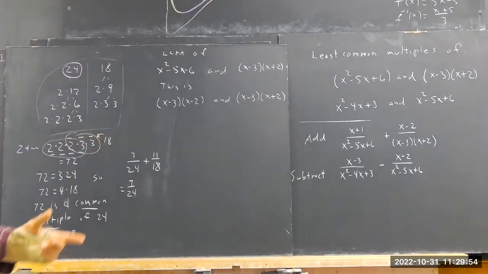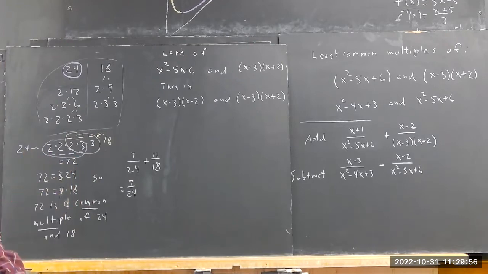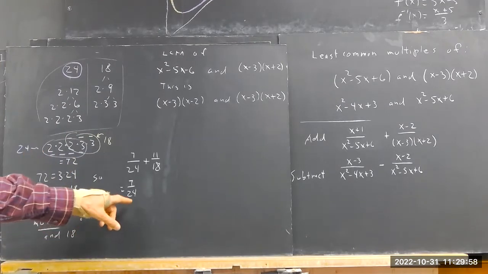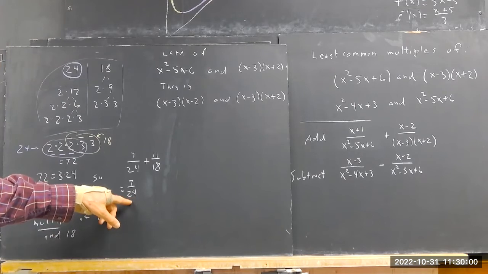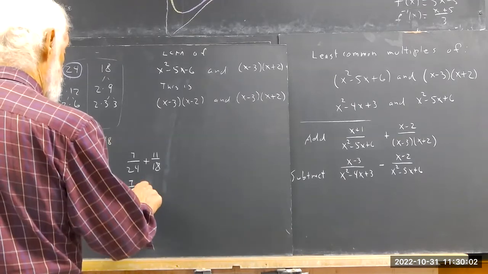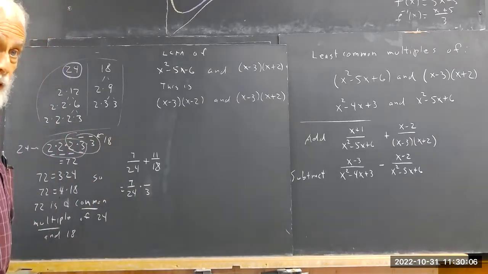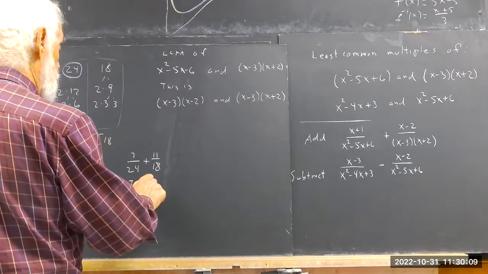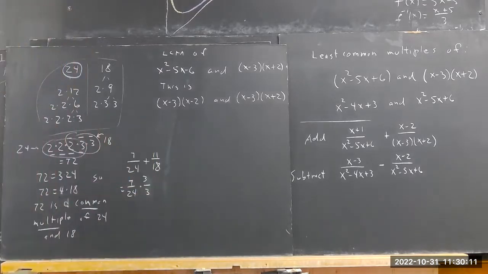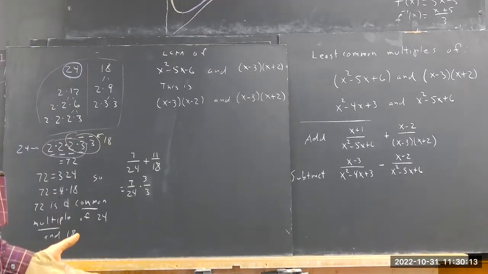I know the least common multiple is 72. And I know that you get 72 when you multiply 24 by 3. So 24 times 3 is going to give me my denominator 72. And of course, I've got to multiply by 3 over 3, which is multiplying by 1.